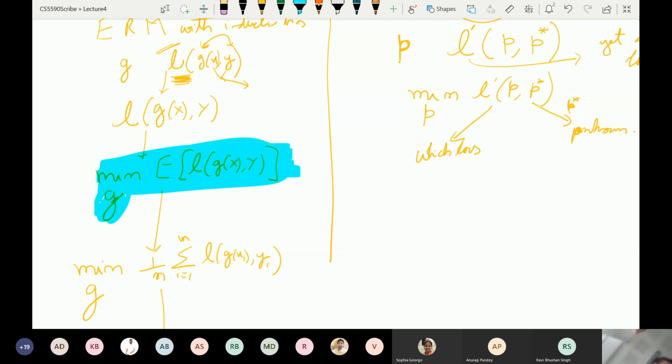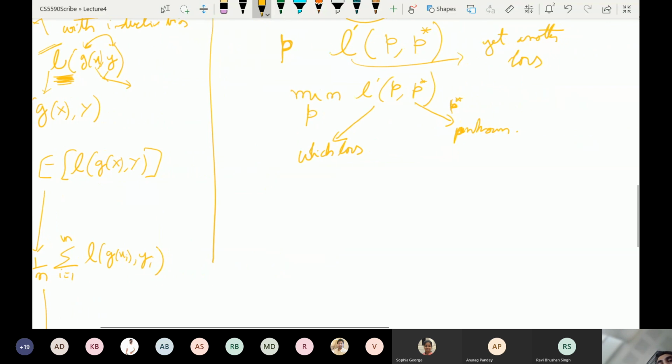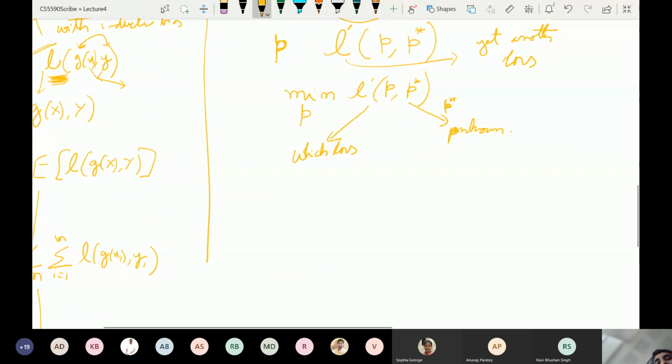So essentially, what saved the day in case of ERM is this expectation being a part of my objective. Whereas here, there's no expectation term. So I don't know how to go about solving this. Okay, so this is one problem.